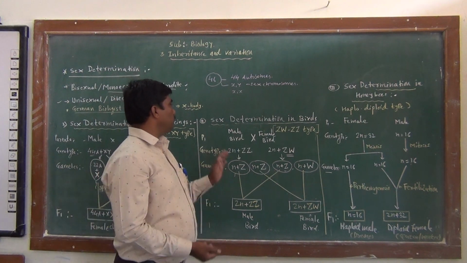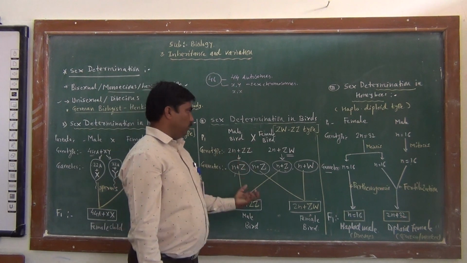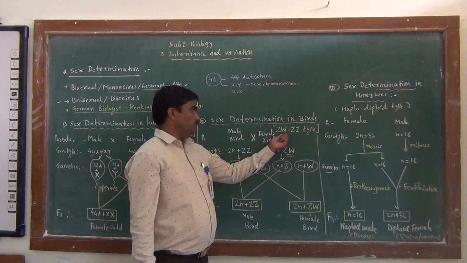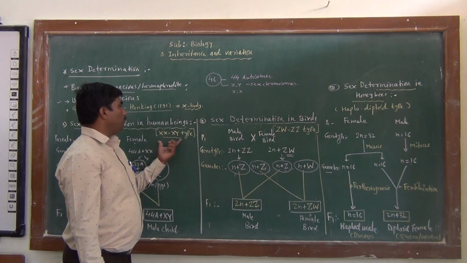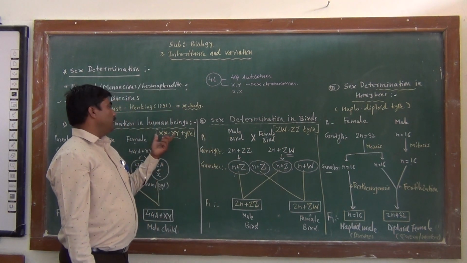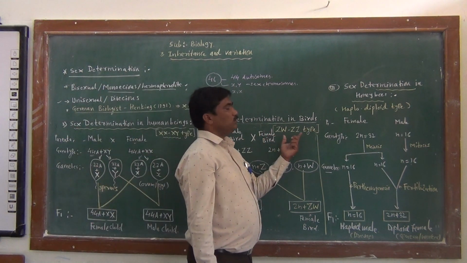Okay, so that is the sex determination mechanism in a bird. The type of sex determination is ZW, ZZ type. In case of human being, the sex determination mechanism is XX, XY type, and in a bird, ZW, ZZ type.